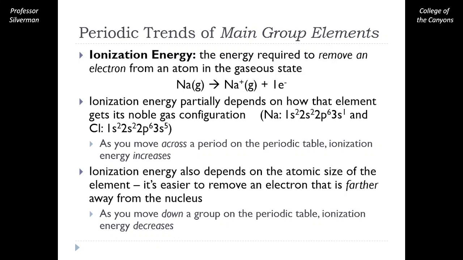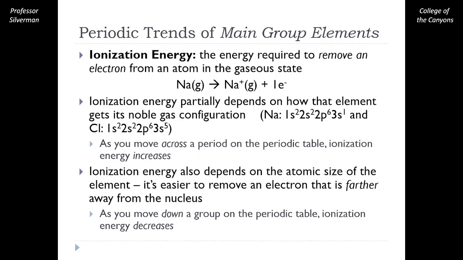The next property that we can consider is ionization energy. This is the energy required to pull an electron away from an atom. Removing electrons is going to be harder to do the closer they are to the nucleus.